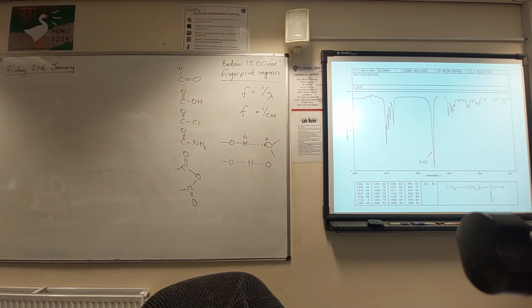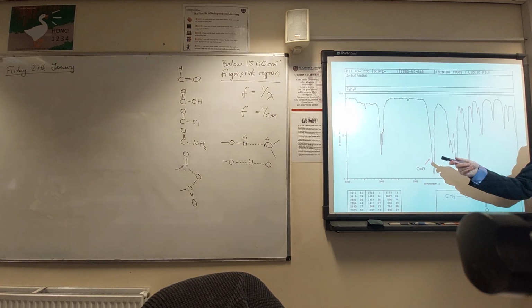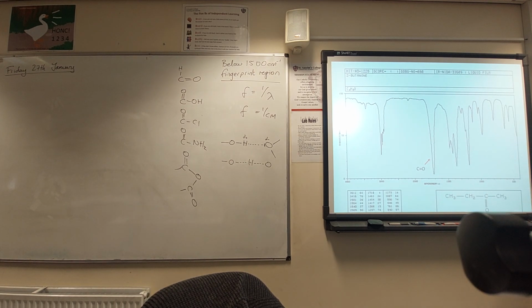That's another one. That's butanal. Again, the difference between butanal and butanone is not much. You're not going to be able to use an infrared spectrum to distinguish between butanal and butanone, in just the same way you couldn't distinguish between propan-1-ol and propan-2-ol. It's going to tell you the functional group or the particular bond.